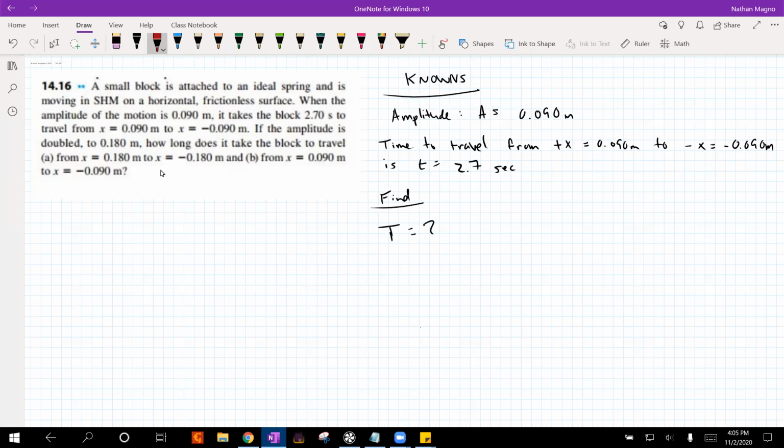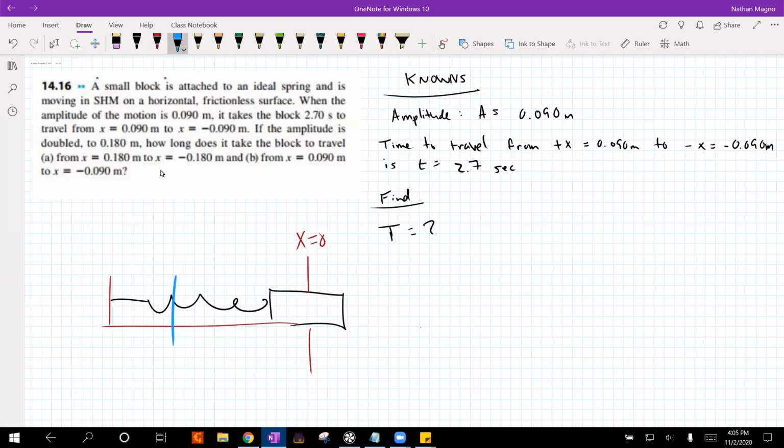So if the amplitude is doubled to 0.18 meters, how long does it take the block to travel from 0.18 meters to negative 0.18 meters? So essentially they're asking for the period. Let me draw a free body diagram. If this is our equilibrium position, call this x equals 0.